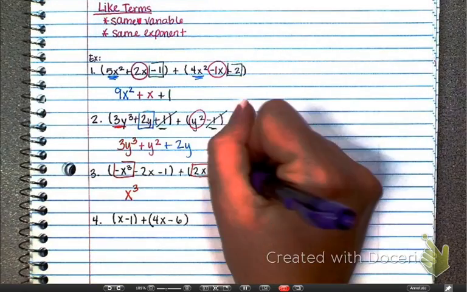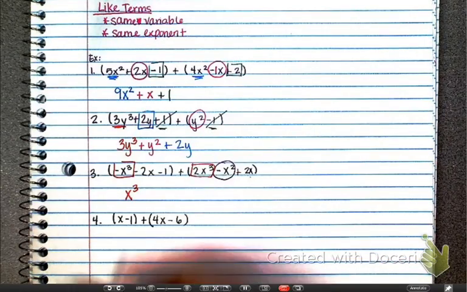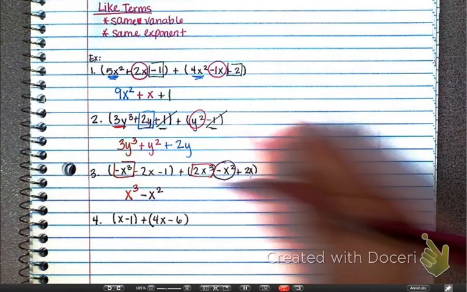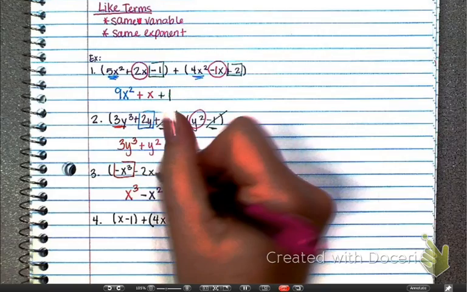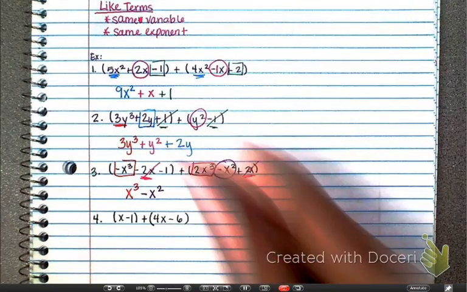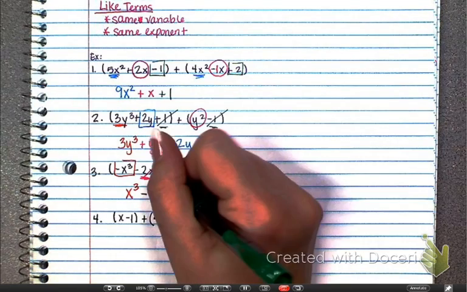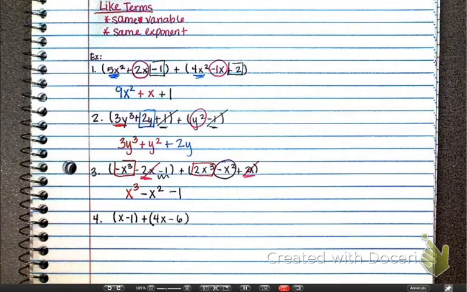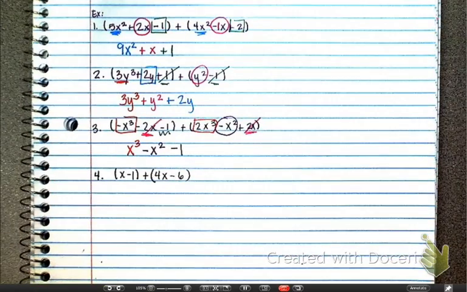Then I have this lonely x squared, so I'm going to rewrite that negative x squared. Next is my x's. I have a negative 2x and a positive 2x. Negative 2 plus 2 cancel out. And then lastly, I have this negative 1 at the end. So your final answer should be x to the third minus x squared minus 1.